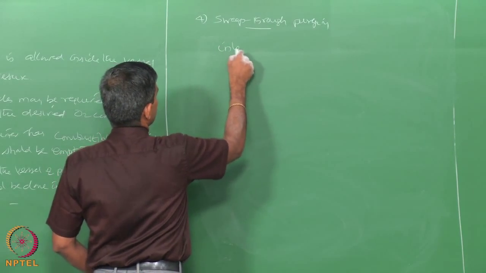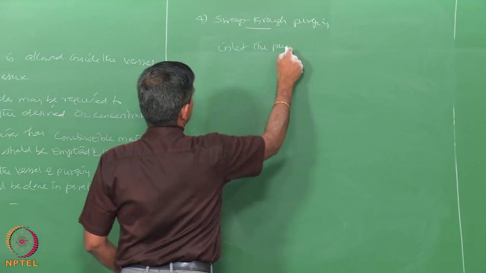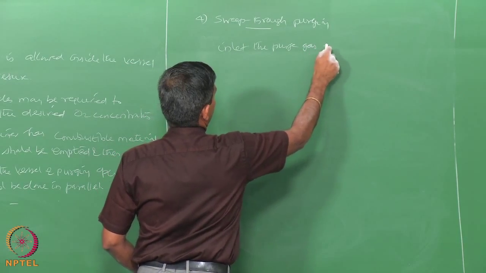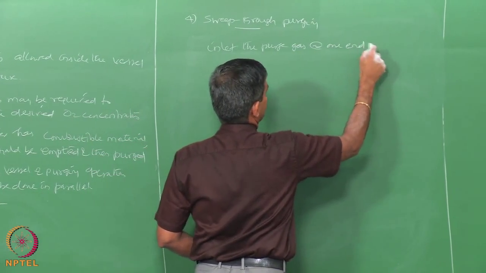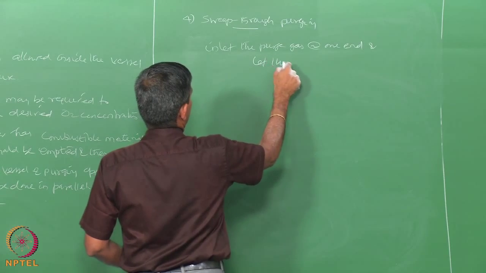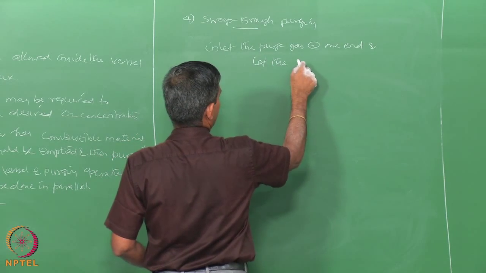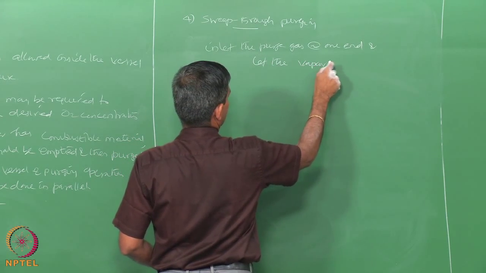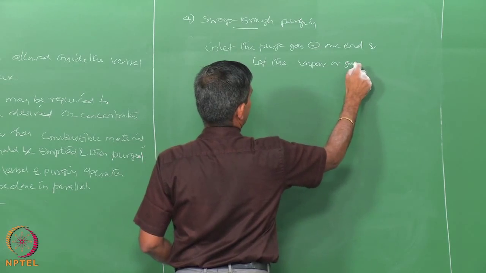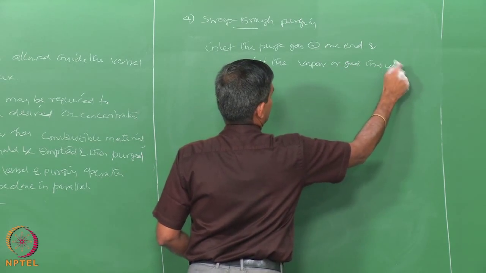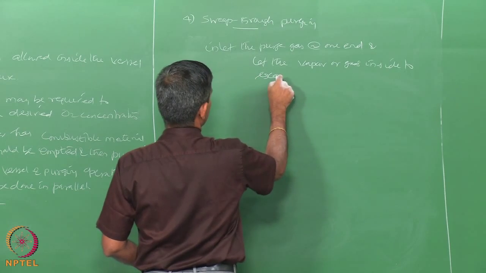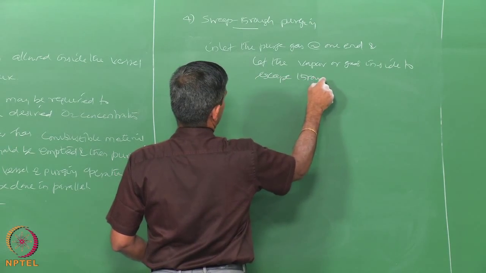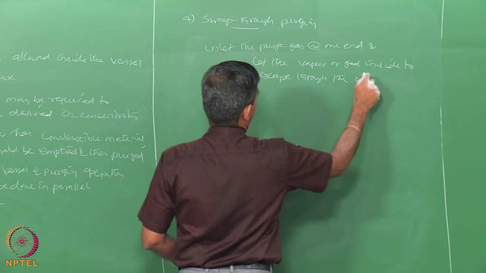So, inlet the purge gas at one end and let the vapor or the gas inside escape through the other opening.